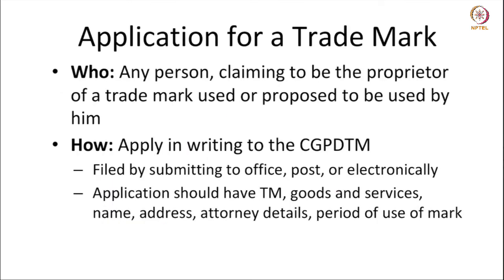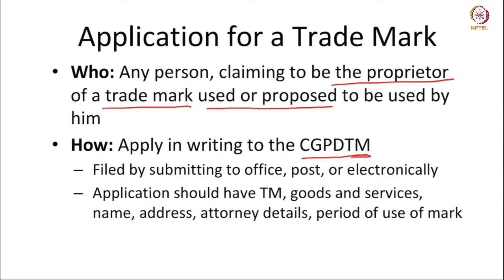Now who can apply for a trademark? Any person claiming to be the proprietor of a trademark who uses the mark or proposes to use it can apply for a trademark. Now this has to be done by applying to the Controller General of Patents, Designs and Trademarks. It's a common controller for patents, designs and trademarks.